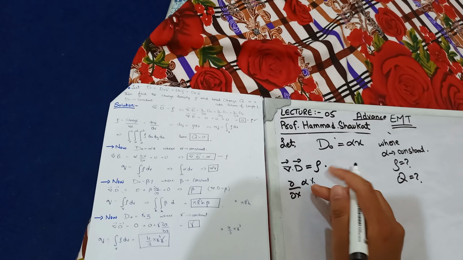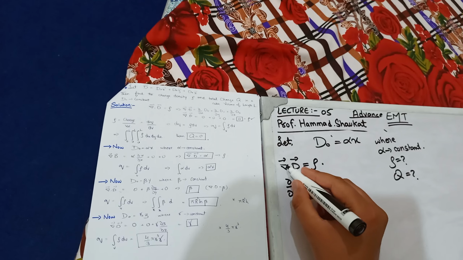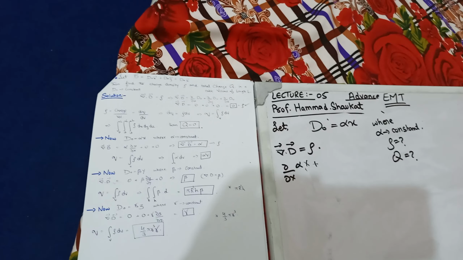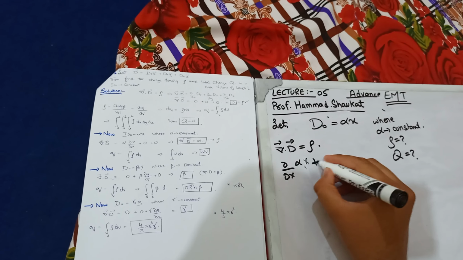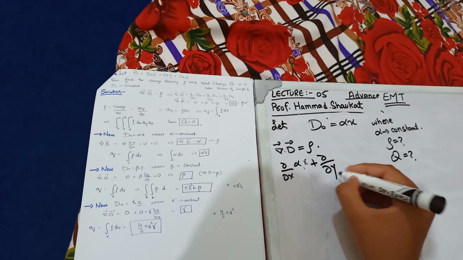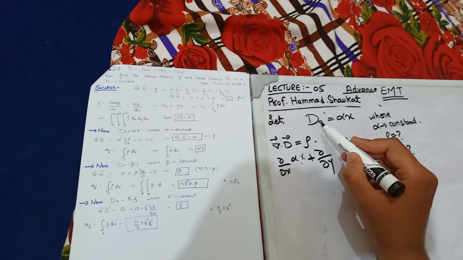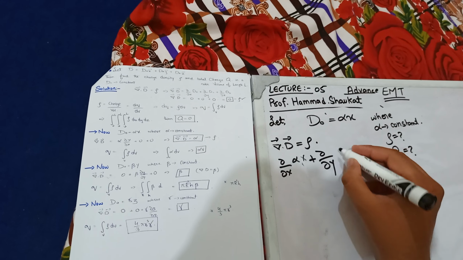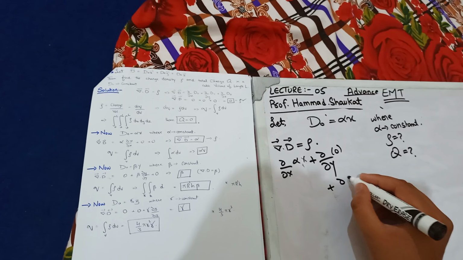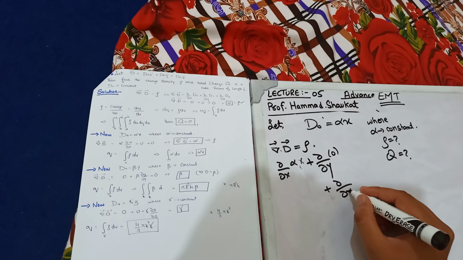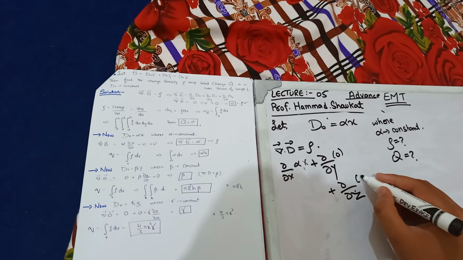Similarly, the operator is partial by partial x plus partial by partial y plus partial by partial z. Partial by partial y, but there is no y component in our original D, so there is nothing, 0. Similarly, partial by partial z, there is no z component, so 0.